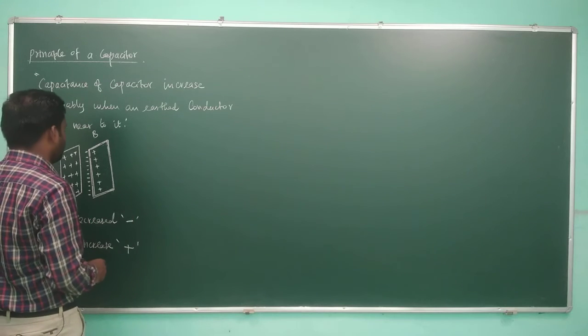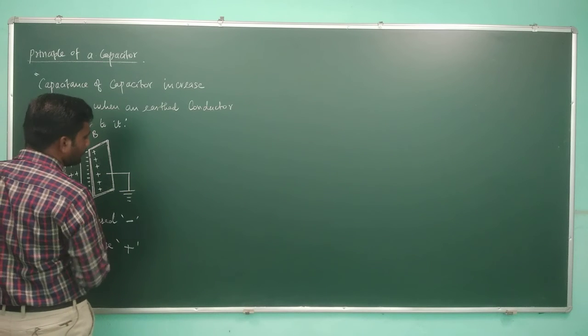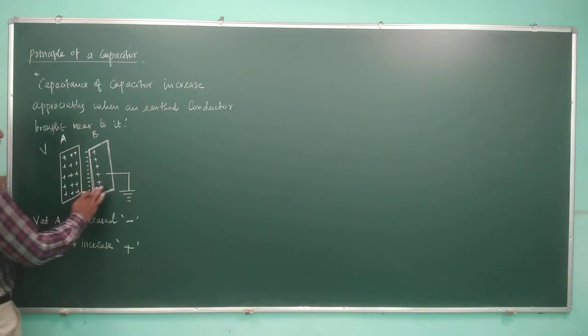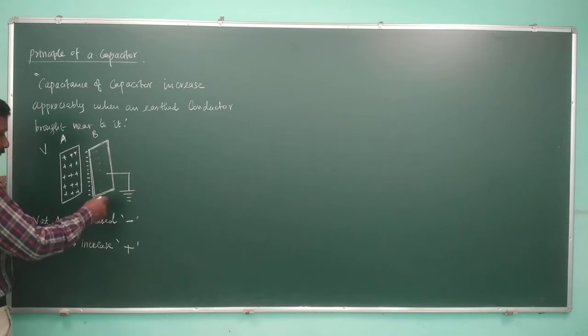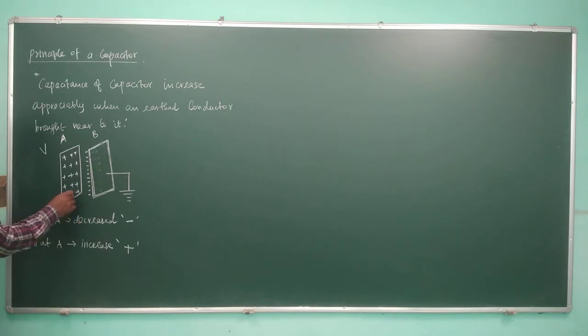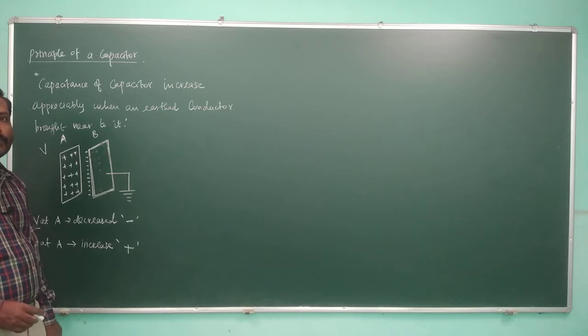In this situation, if this side is grounded, all these will vanish. So it will further decrease the potential present in plate A. Right?